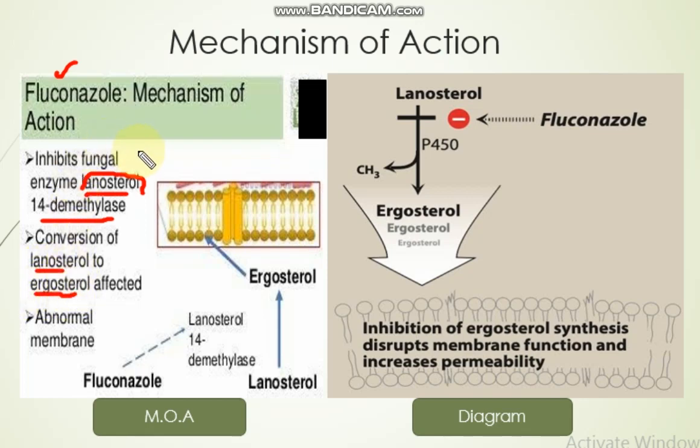So fluconazole binds to this enzyme and stops the conversion of lanosterol into ergosterol, leading to an abnormal cell membrane of the fungus. When there is inhibition of lanosterol 14 demethylase, there is no conversion of lanosterol into ergosterol.